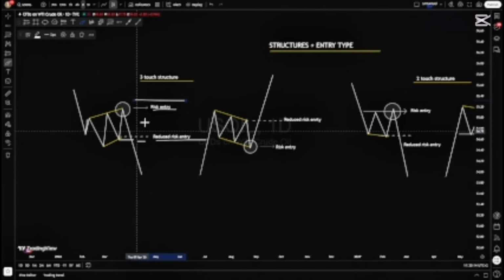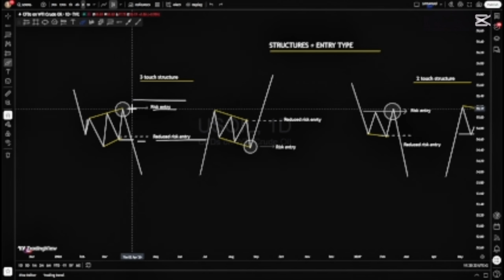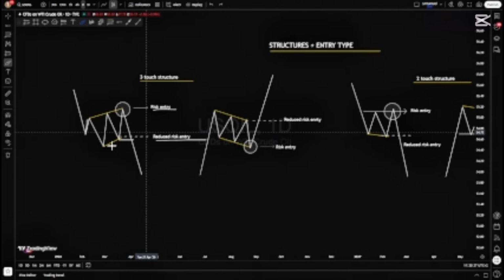From there to here, it might be 15 or 25 pips, you got it. But it will be better if you take a risk entry right there. Why? Because the stop loss level will be above the candlestick, which will give you a healthy risk to reward ratio.